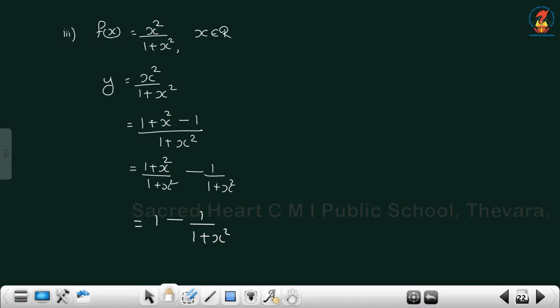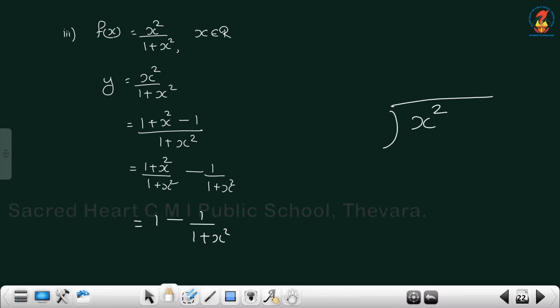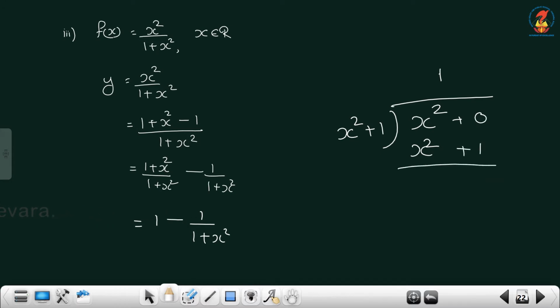Or if it is difficult, you divide x square by 1 plus x square, or we have to write in standard form x square plus 1. x square by x square gives 1. 1 into x square is x square, and here nothing, plus 1. Subtract. Okay. Then how do we write it as a mixed fraction?